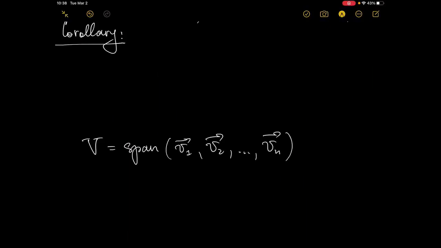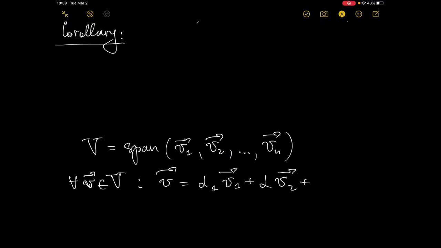if you have that your vector space is a span of v1, v2, ..., vn, it means that any v belonging to the vector space can be represented as some linear combination of vectors from the span. Okay, so then if it asks us to have a basis from the span that we're given.